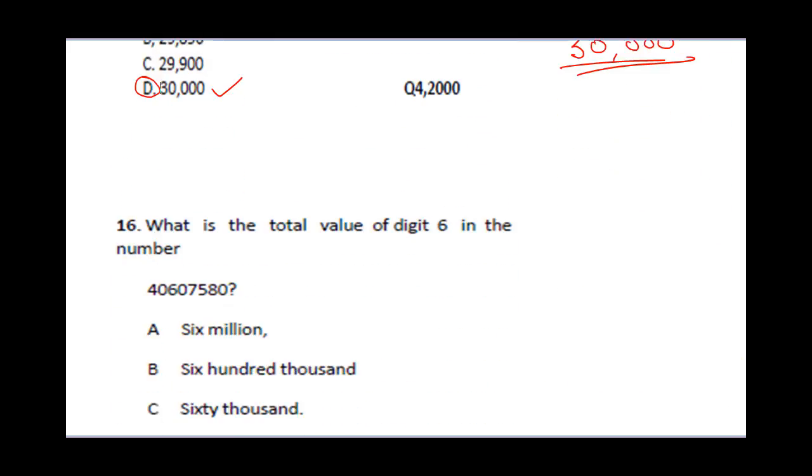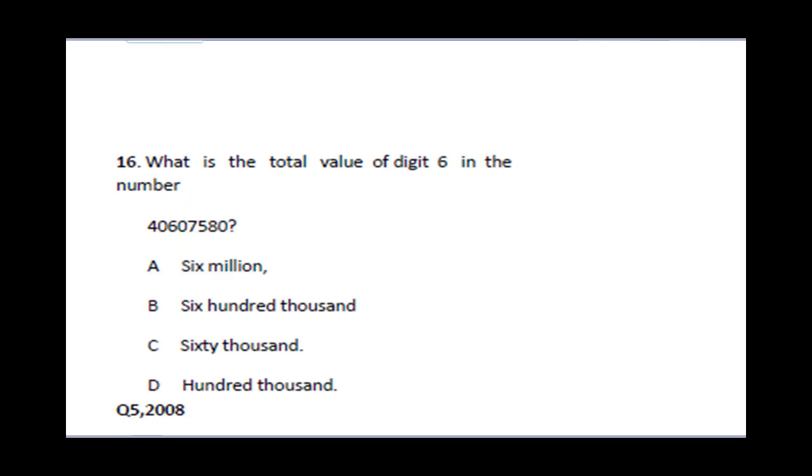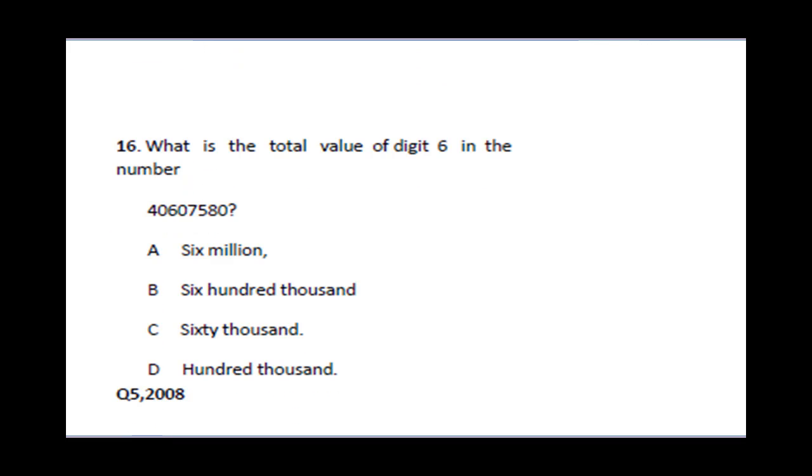So the next question says, what is the total value of digit 6 in the number 4607580? One best way to do this is to put a comma, counting from the right to the left. So I'll put my comma here, I'll put my comma here.